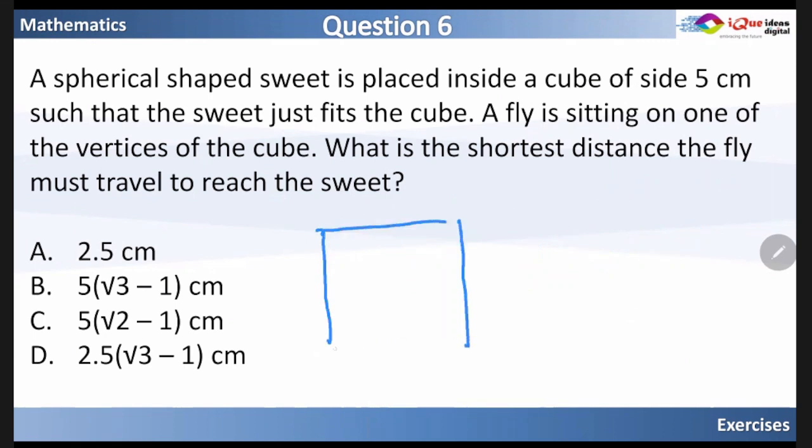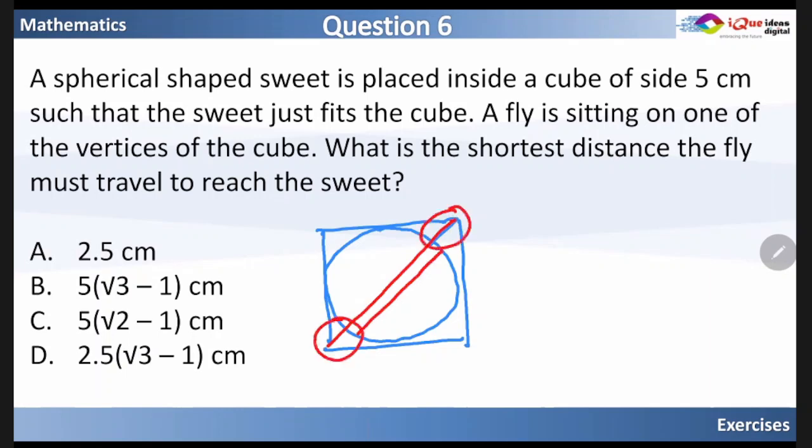I have, let us say, a square and a circle, right? If I want to calculate this particular distance, then can I say that the entire diagonal of the square minus the diameter of the sphere, so this portion is left, half of that is 1, so half of diagonal of the cube minus diameter of the sphere is the distance between the vertex and the sphere, right?